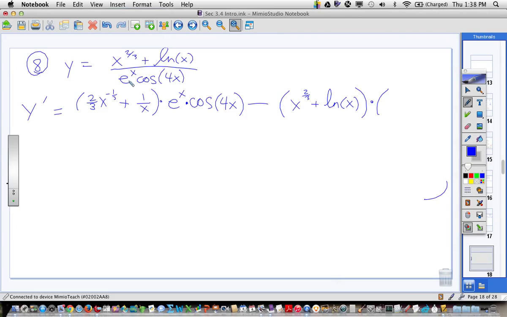So the derivative of the bottom is product rule. We have to do the first: e to the x derivative times cosine 4x left alone, plus the e to the x left alone times the derivative of cosine 4x. What's that?